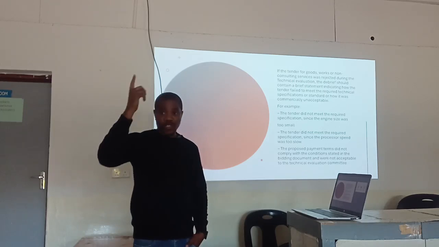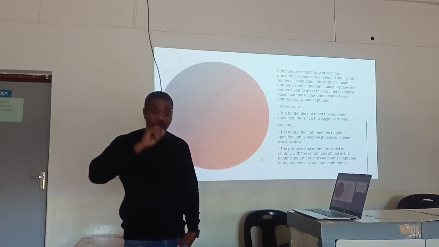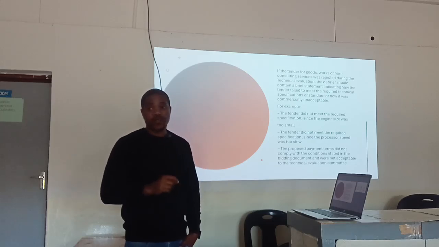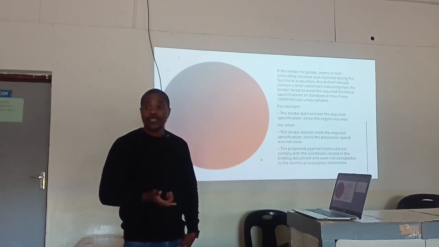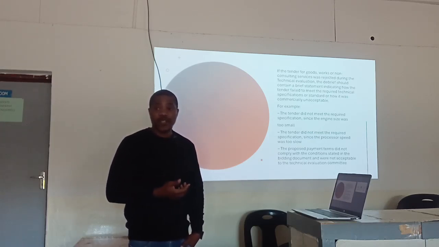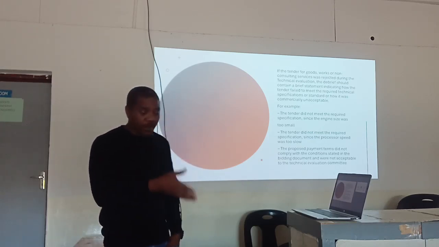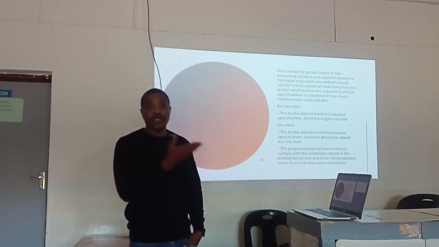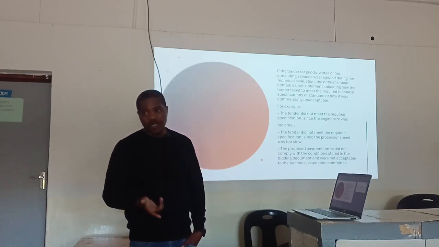Okay? And in the ranking, the one who had the highest ranking is number one, and the others followed. So for the one who is number one, we have to do the due diligence to look at their references, their capacity. When we go deep into that, if we wanted 3 referees and they have given us 2, that means they can fall off.